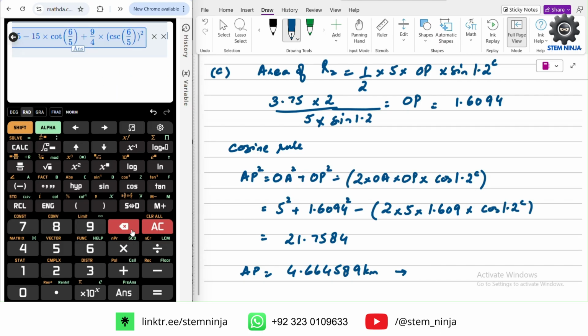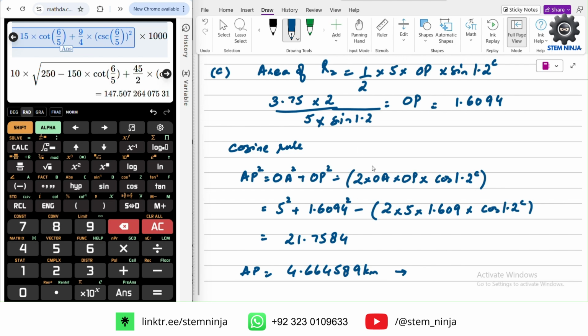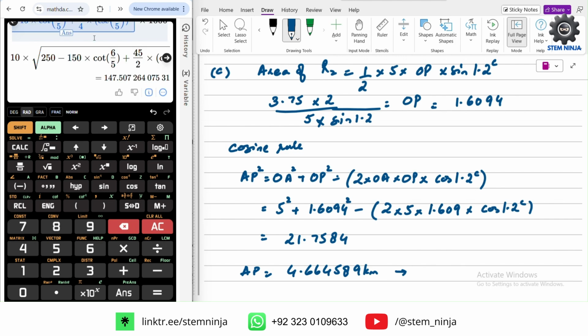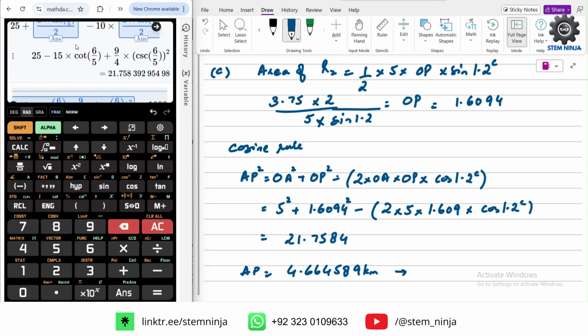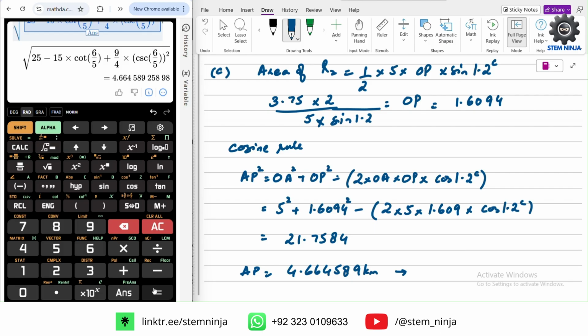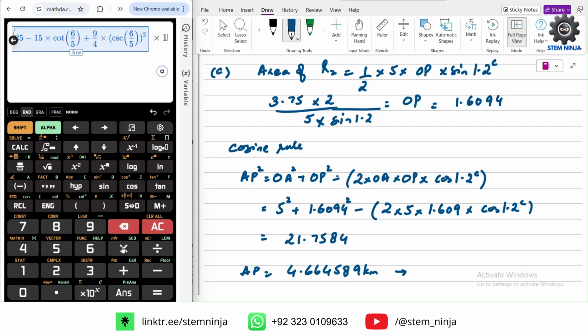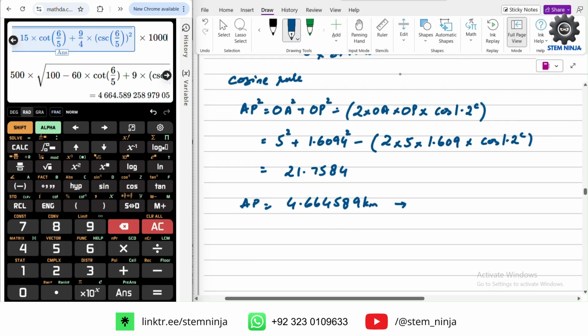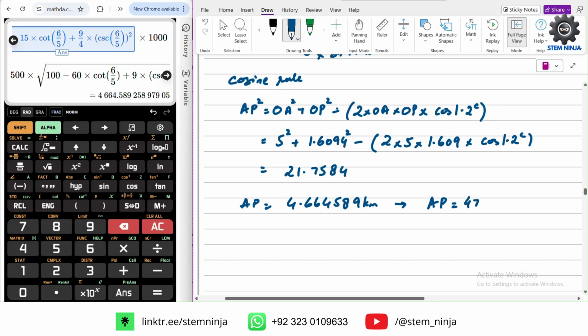So just times this by 1000, we get 4664, and we need it to the nearest hundred, so this would become 4700 meters.